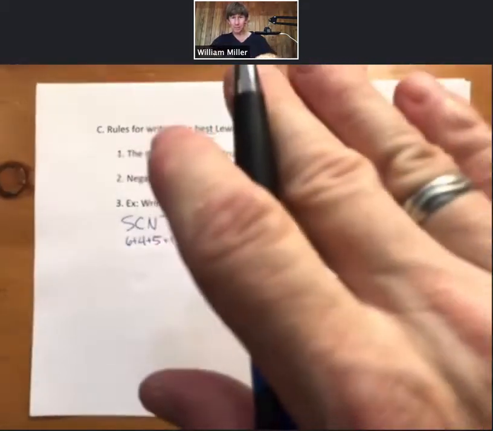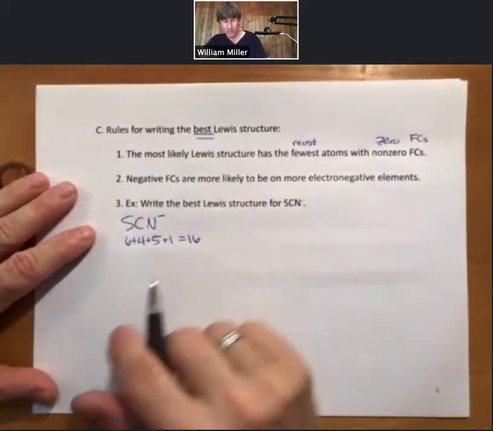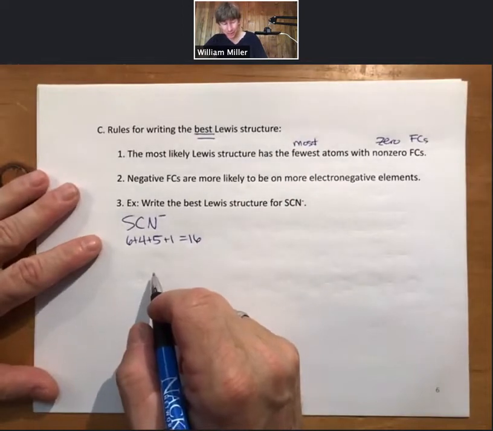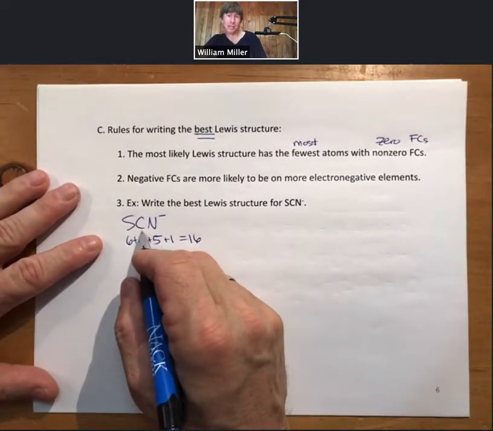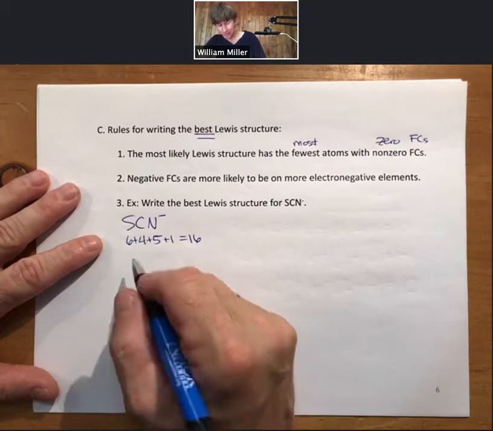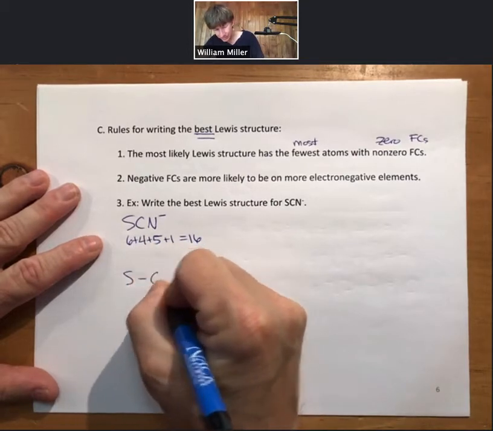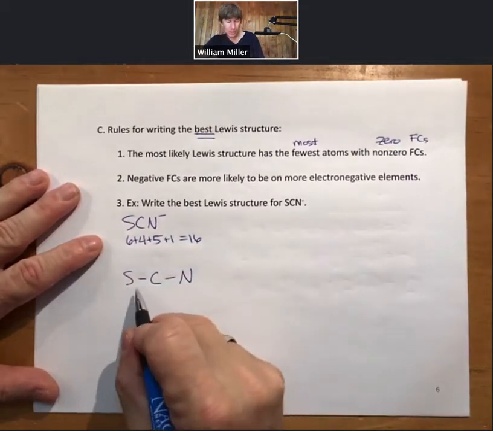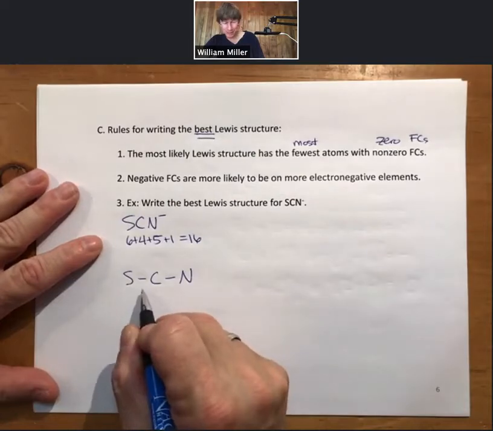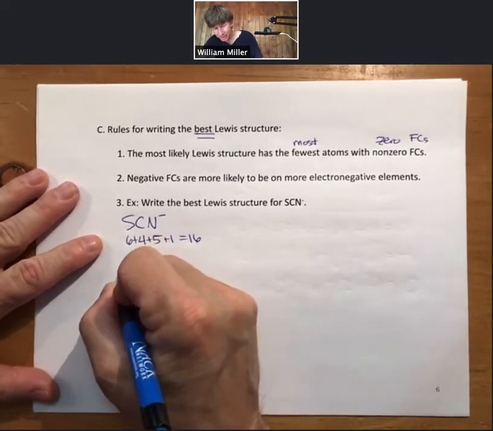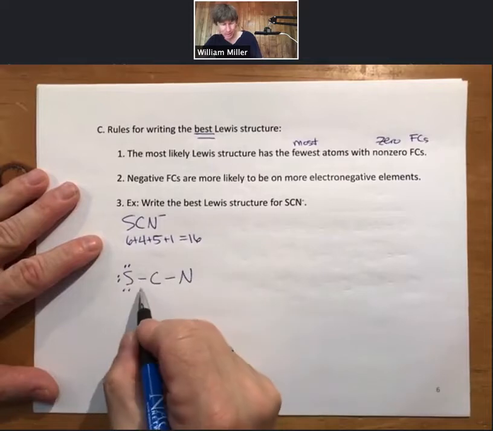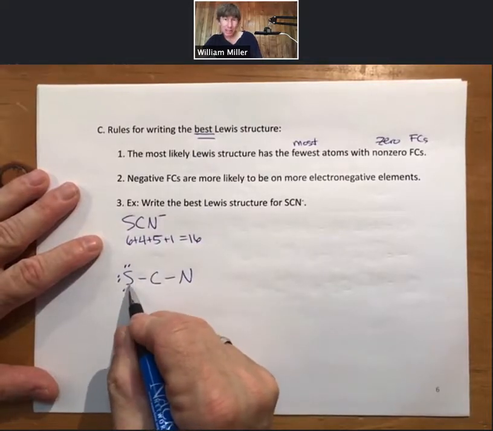16 valence electrons. Carbon is the least electronegative. It will go in the center. Connect the atoms by single bonds. Sprinkle your electrons around the outside until each of them has an octet, or 8.